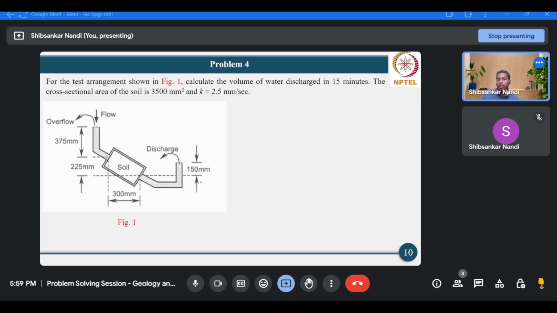So in this case, we have to determine the volume of water discharged in 15 minutes, where the K value is itself given. This is the only difference between problem 1 and problem 4. But again, we have to use the principle of constant head permeability test based on Darcy's law.